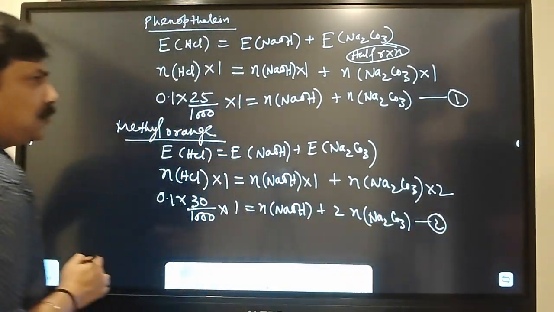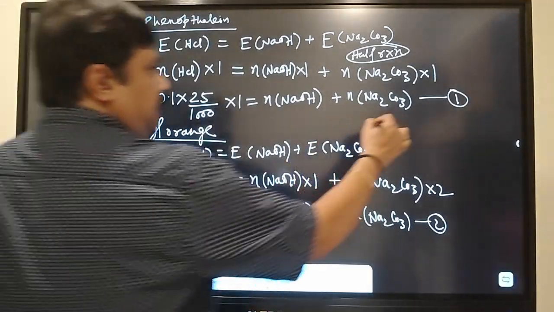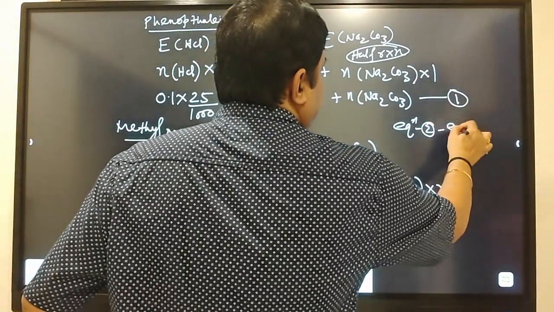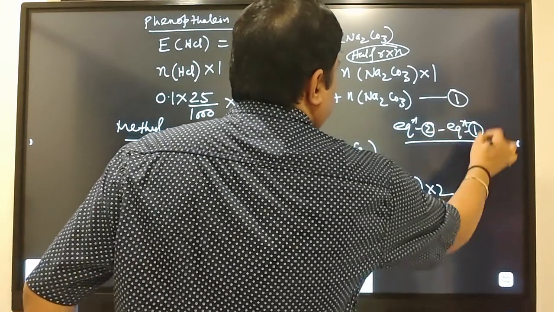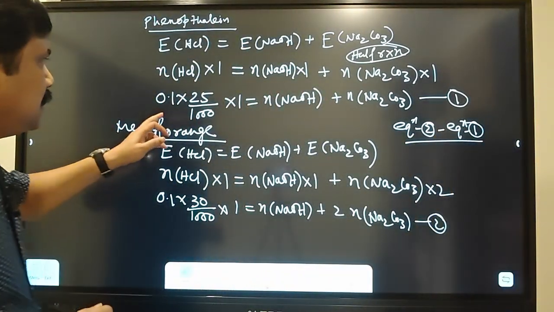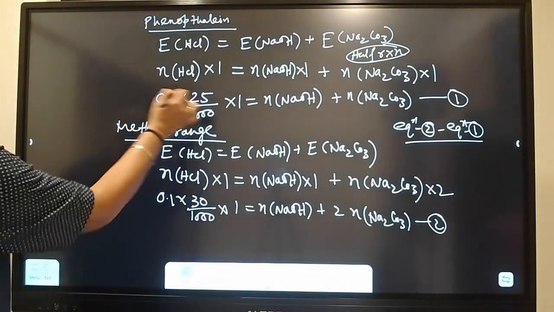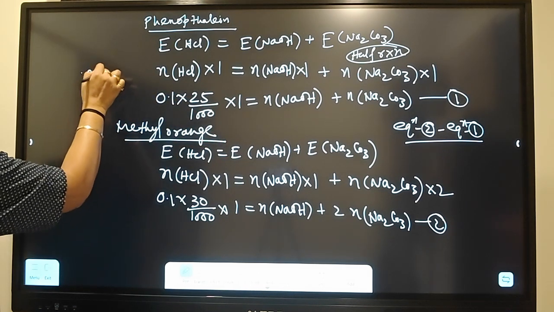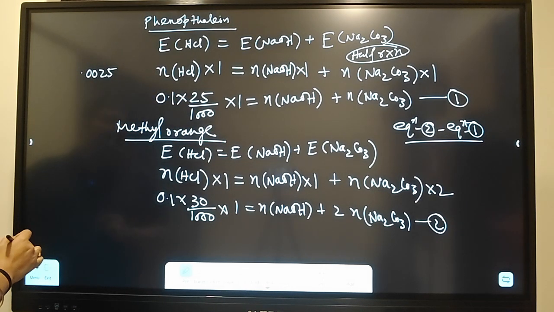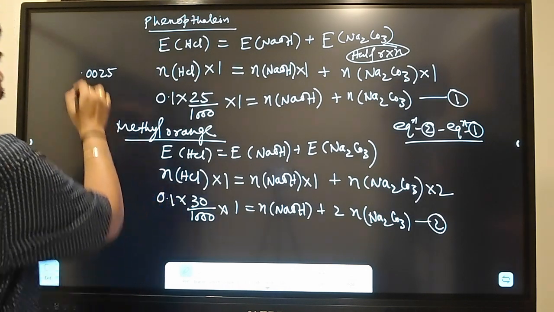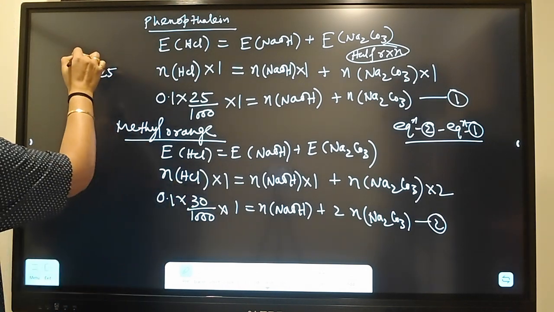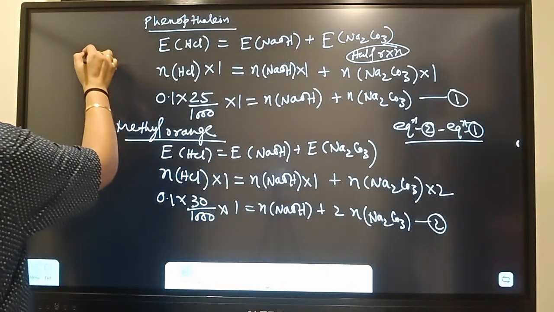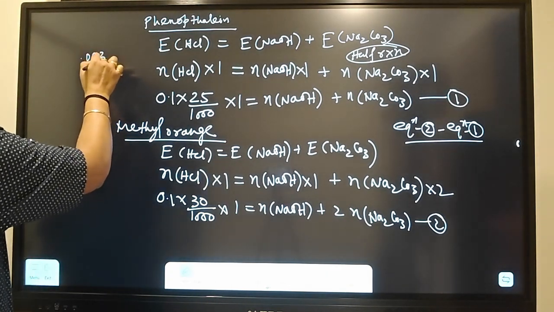Now if you do equation 2 minus equation 1, what will you get? Look here, if you do the calculation, you will get 0.0025. This has to be subtracted from 0.0030, because here there will be 40 ml's worth.